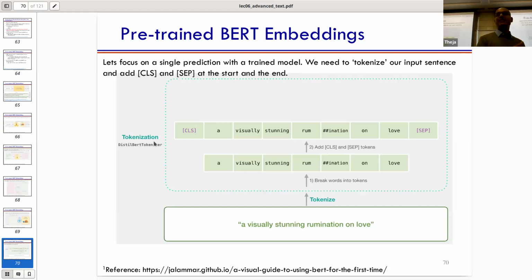Is it the character level, the word level, or somewhere in between? It turns out that all these models generally come with their own tokenizers. So the BERT model will have its own tokenizer. DistilBERT will probably have the same tokenizer. But if you use some other model, it will have its own tokenizer. If you get these open source models, they'll tell you which tokenizer you should use.